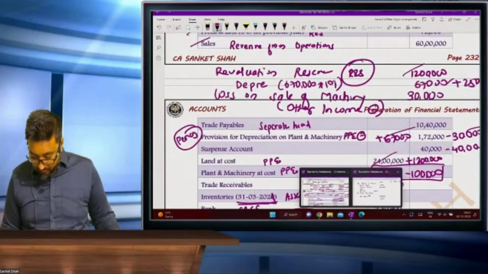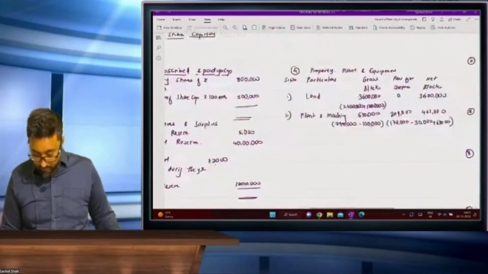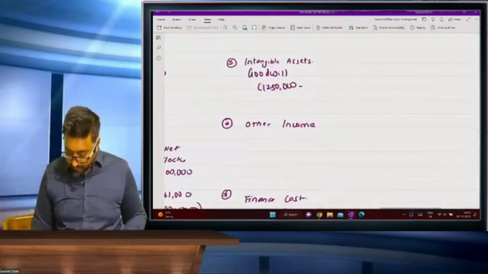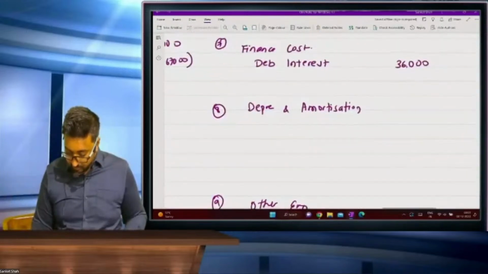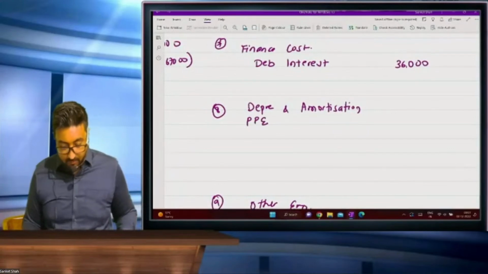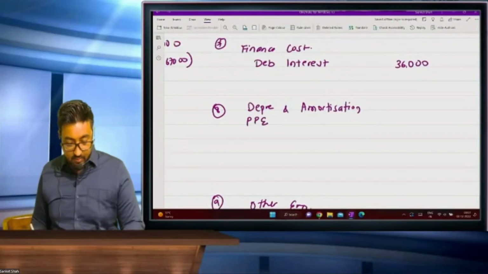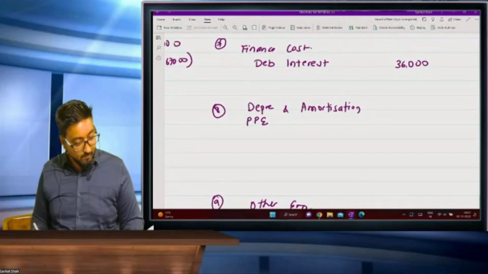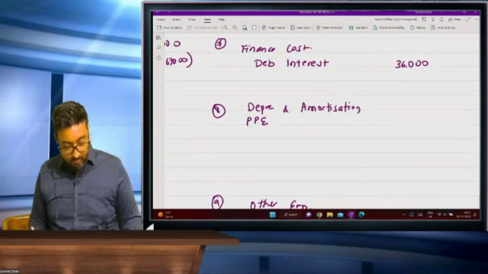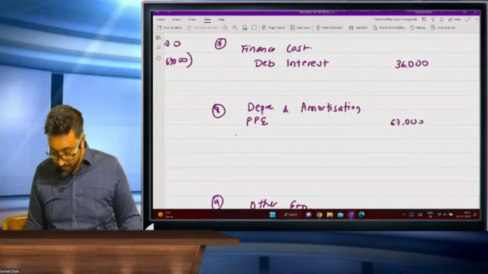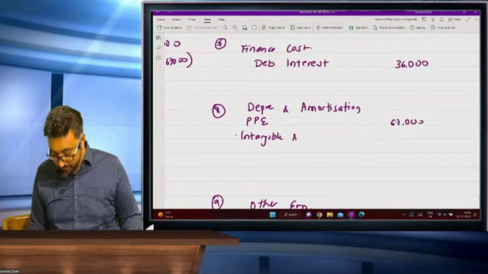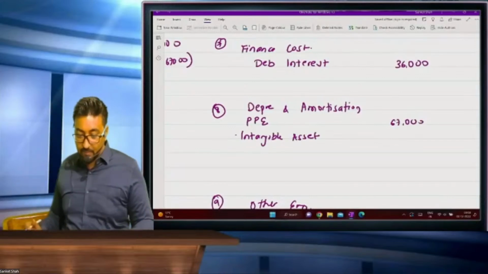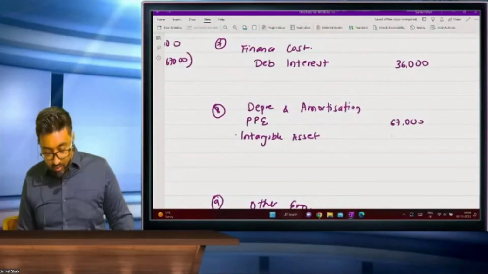Depreciation, property, plant and equipment, depreciation 67,000, and intangible assets 2,50,000.